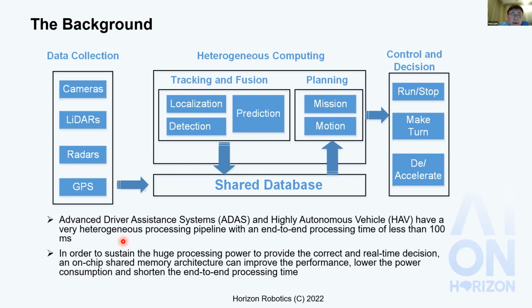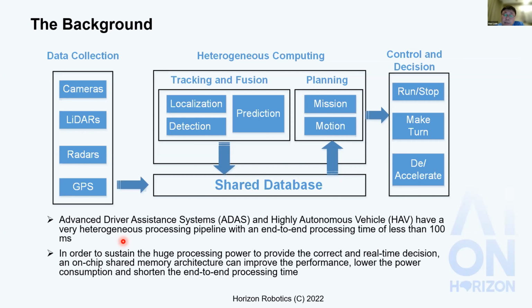This massive data will be further processed by many heterogeneous machine learning accelerators, CPU, DSP, and so on, so that we can detect the tracked objects and make predictions. At the end of this phase, we feed the data to Fusion, where a 3D coordinate space will be constructed, and the vehicle locations and tracked objects will be put together for the planning phase.